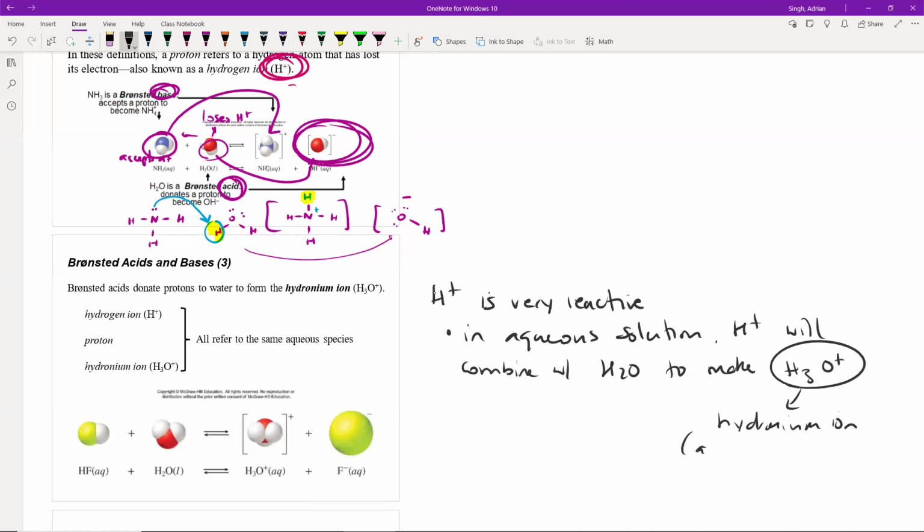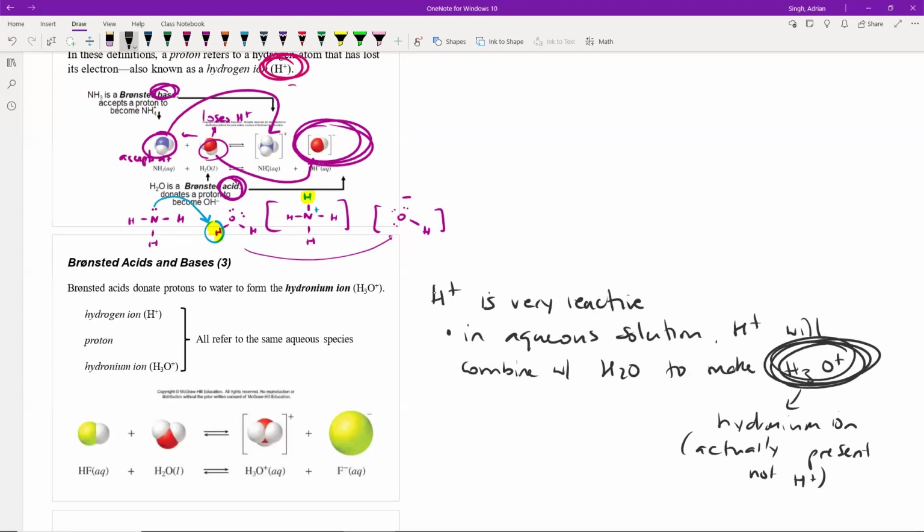This is what is actually present in solution, but not H plus. H plus is way too reactive to exist on its own. So it grabs hold of any water around, and in aqueous solution we have lots of water molecules. So it actually exists in the form of H3O plus.